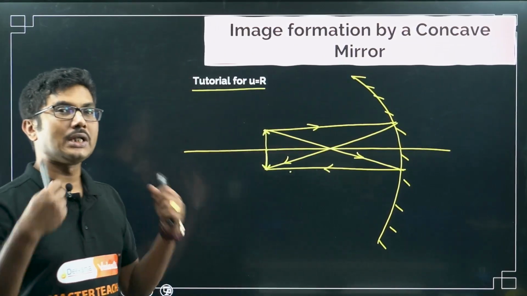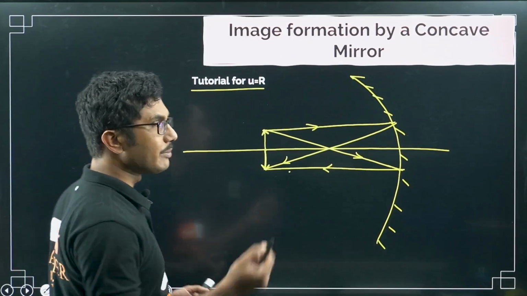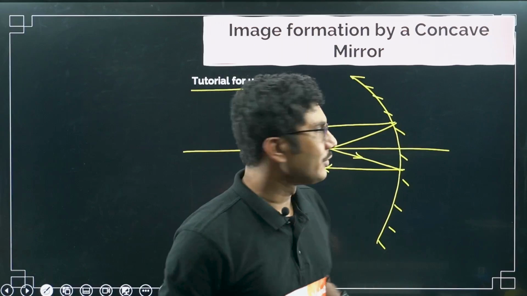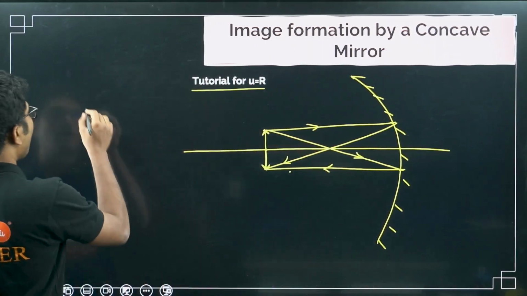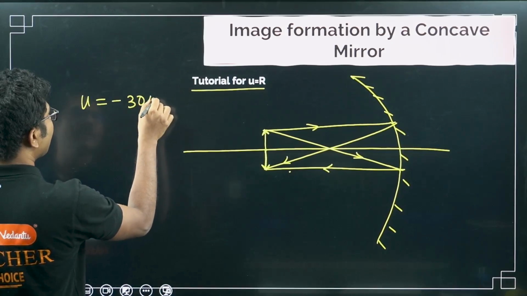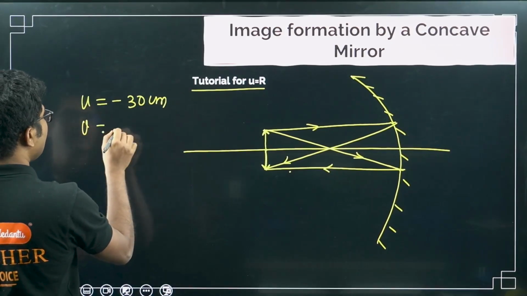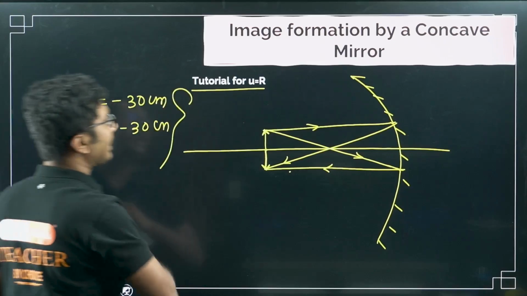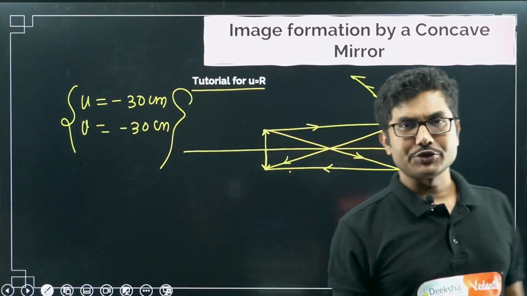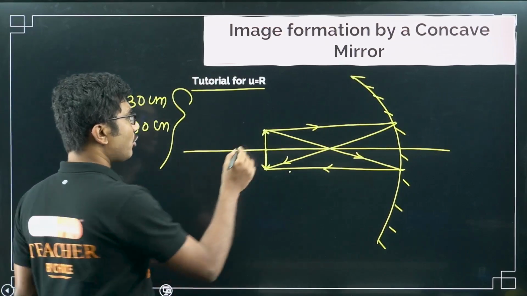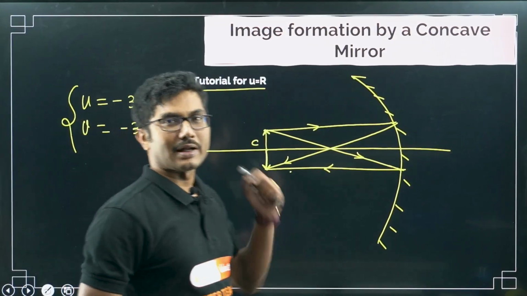They will give you some scenario, some table or case study, where you see that the object distance is, say, 30 centimeter, and the image distance will also be 30 centimeter. So this is the case where object and image are located at the same position, right? Basically this is the case where you have to draw the ray diagram. Now they will say, draw the ray diagram for this case.